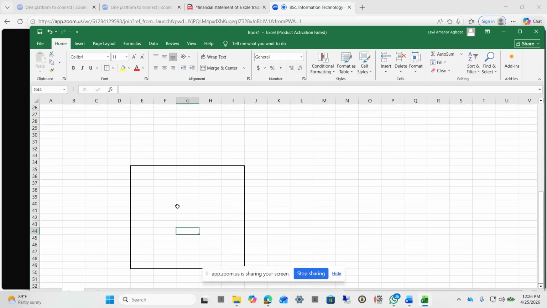So what we are saying is that the balance sheet has a principle like this.